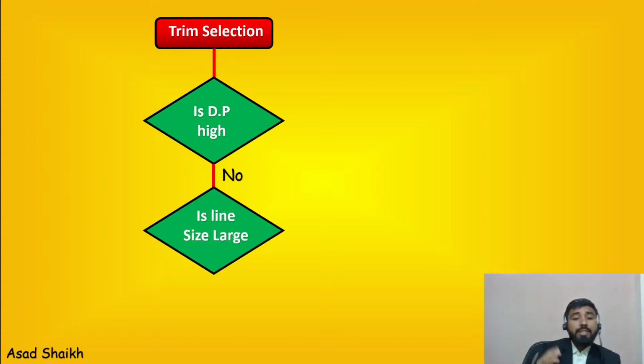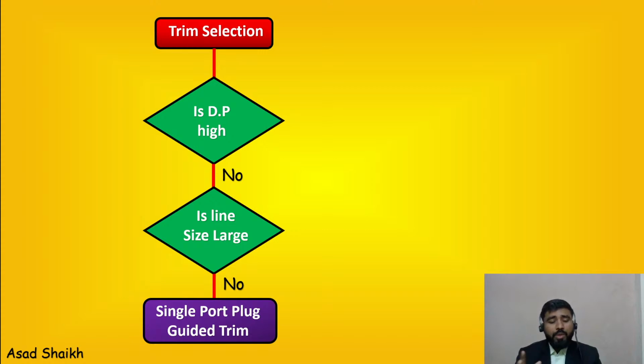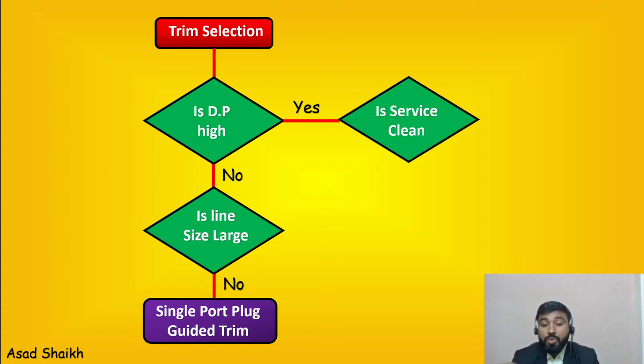If the line size is also not large, then you should go for a single port plug guided, which means the plug itself is contoured to that level instead of cage guided. You might go with plug guided, which should be okay for very small size where the DP is also less. Go for that, save your cost.